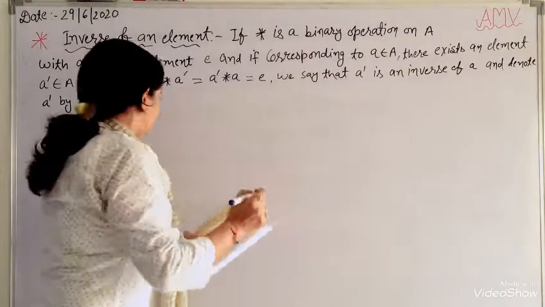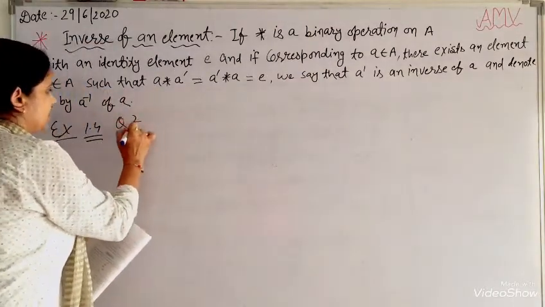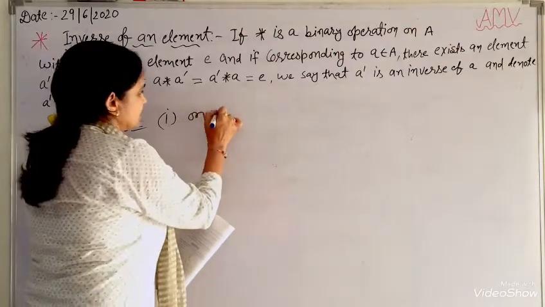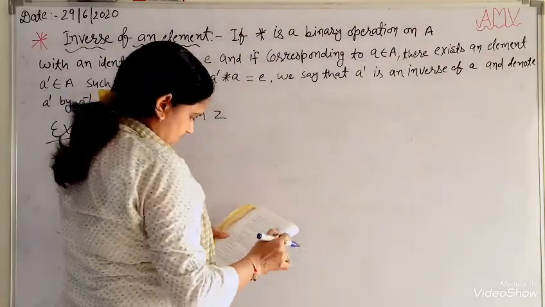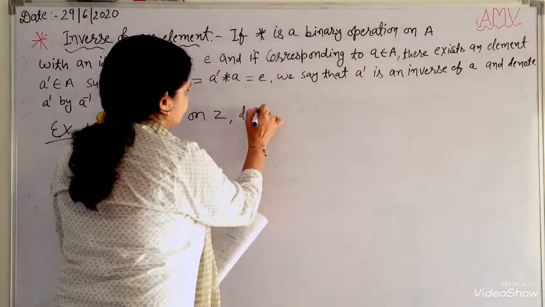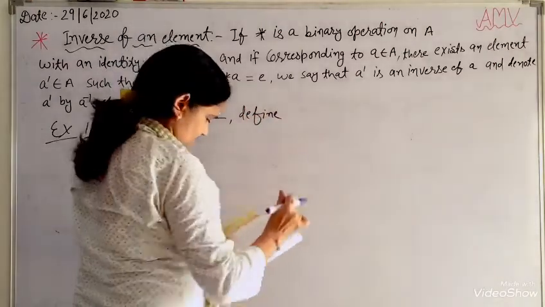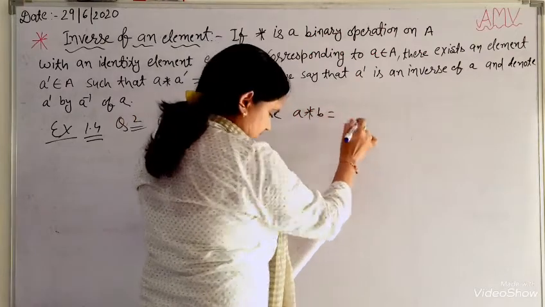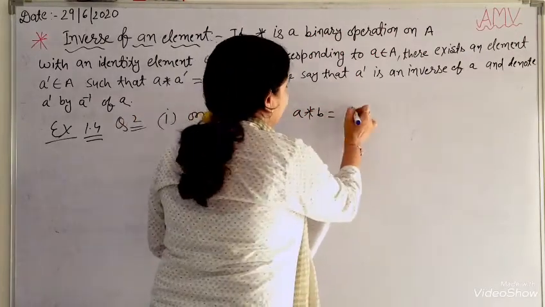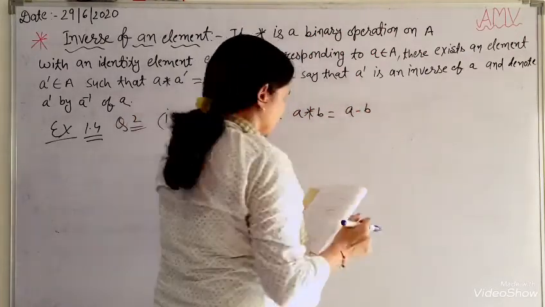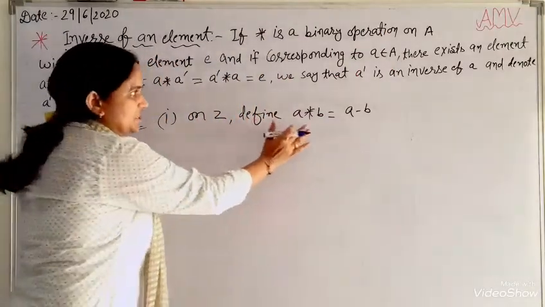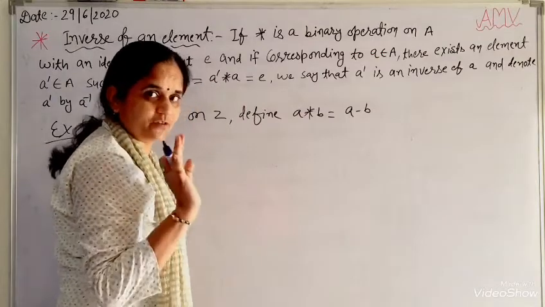Students, first part, question number 2. First part is on Z and define a star b is equal to a minus b. Students, it is defined on Z, so it is a binary operation first of all.